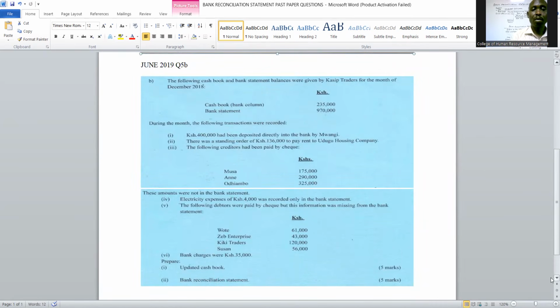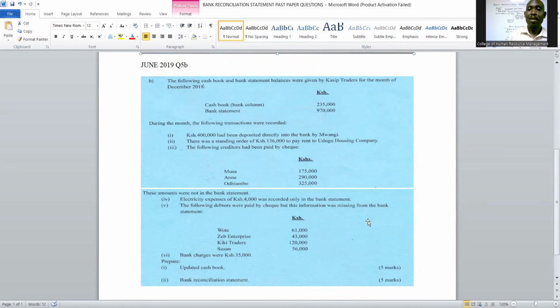The following cash book and bank statement balances were given by Kasuku Traders for the month of December 2018. We have the cash book bank column and the bank statement balance. We are not told whether there was an overdraft. We take them as positive amounts. So in the cash book, we put it on the debit.